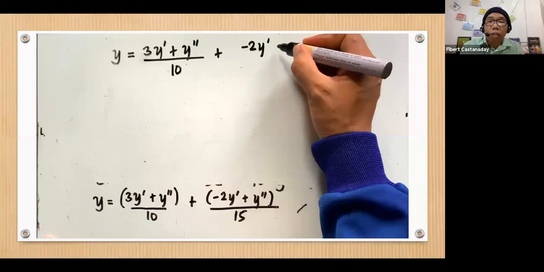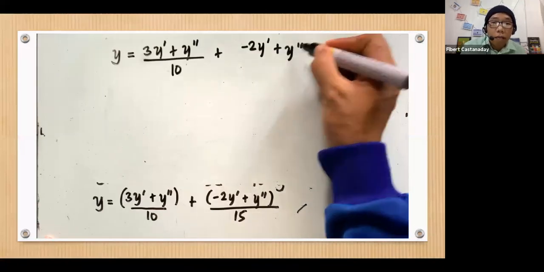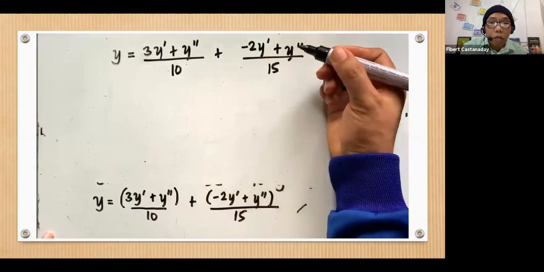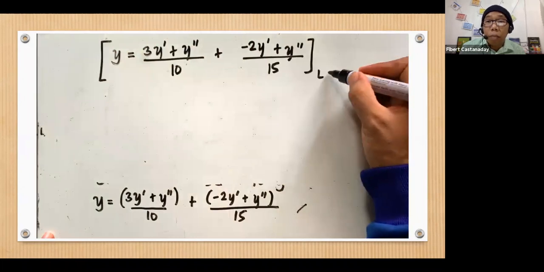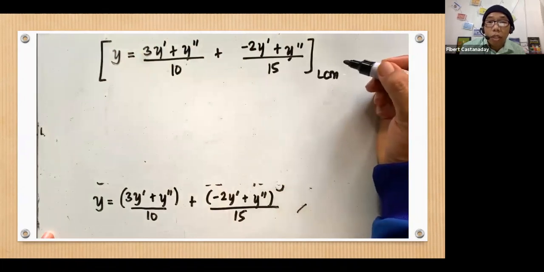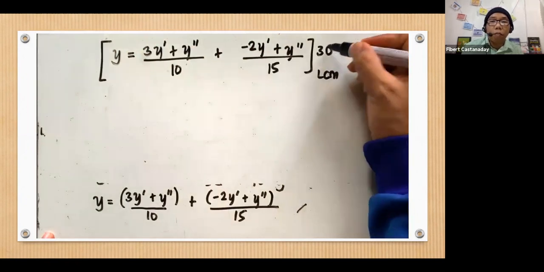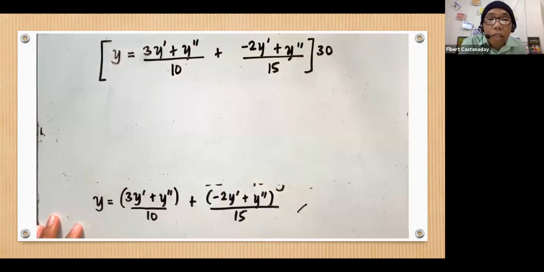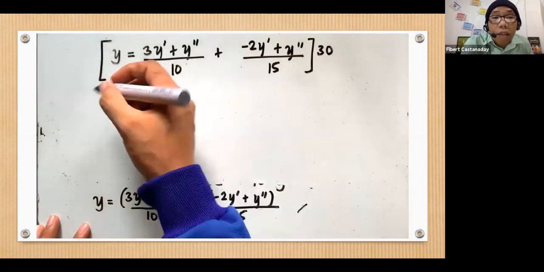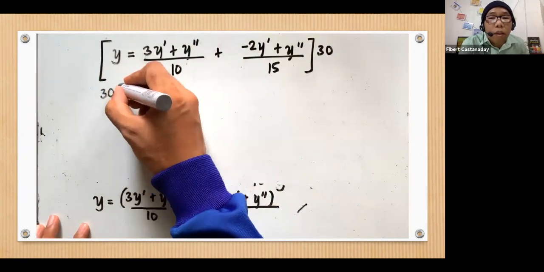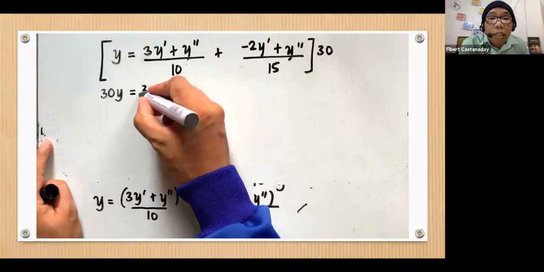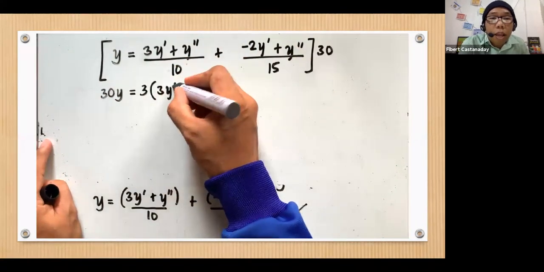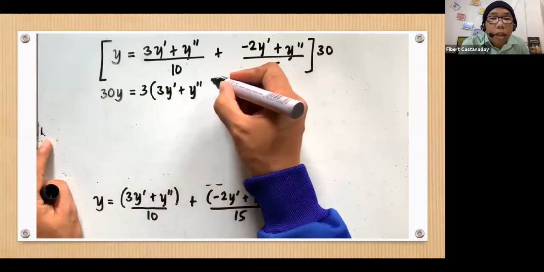As you can see, you have over 10 and over 15 for the first two terms. So we will multiply both sides by their least common multiple, and that is 30. Multiplying both sides by 30, we can simplify. So 30y on the left-hand side equals, the first term will be 30 divided by 10, so that is 3 times 3y prime plus y double prime.